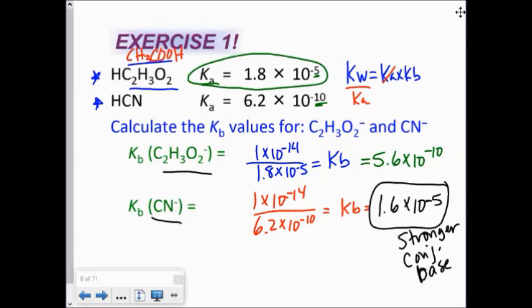It's the stronger conjugate base here. So do pay attention to those Ka and Kb values, their sizes. If the acid is stronger, that means the conjugate base of that acid is weaker. And if the conjugate is the stronger one, then the acid or base is going to be the weaker part of the pair, in terms of ionizing, of course.